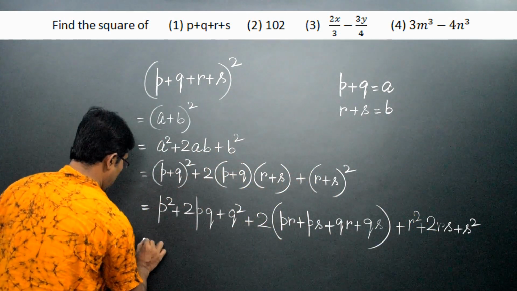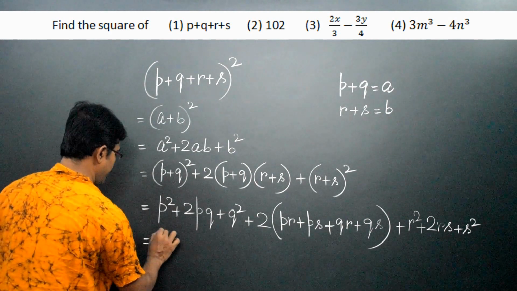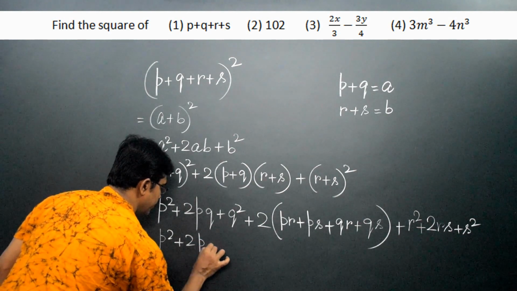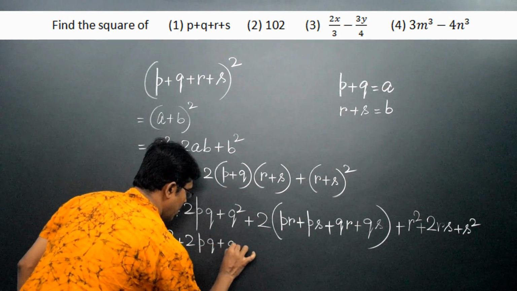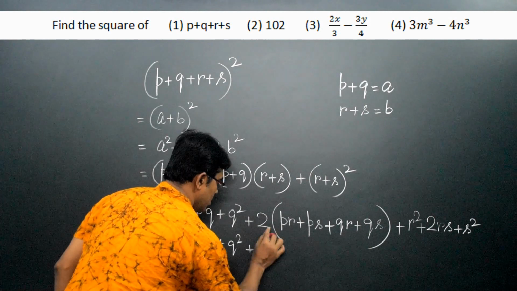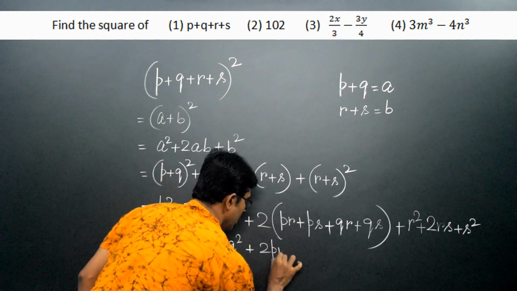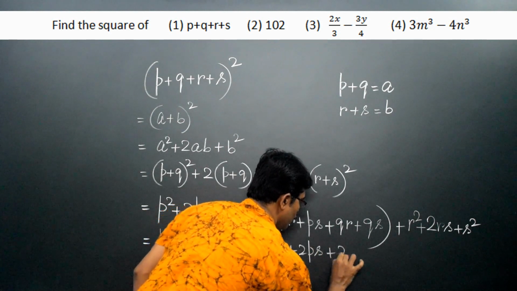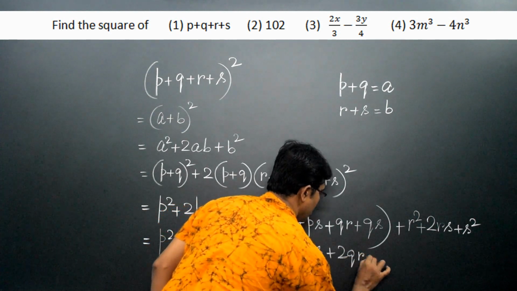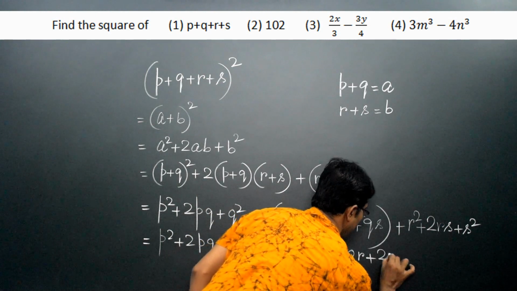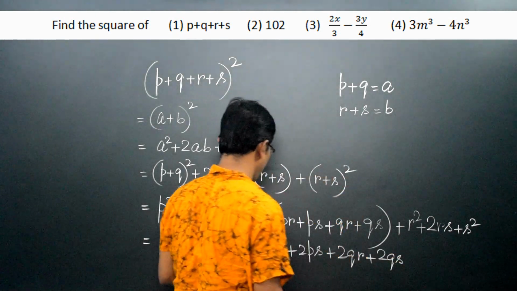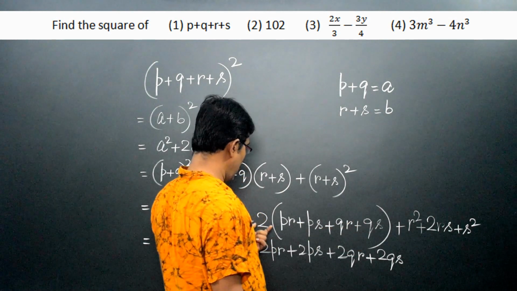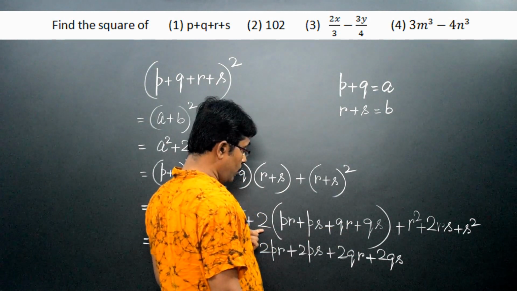So it is equal to p square plus 2pq plus q square plus 2pr plus 2ps plus 2qr plus 2qs. (pr plus ps plus qr plus qs) is multiplied by 2.